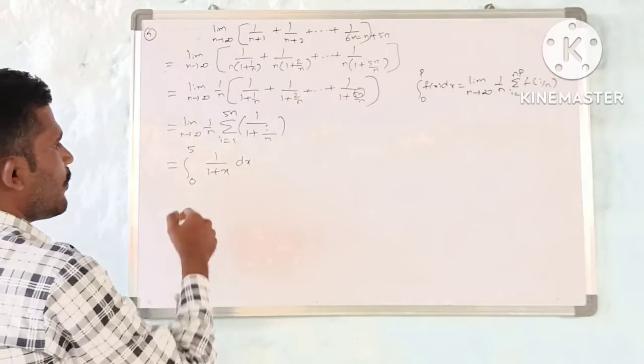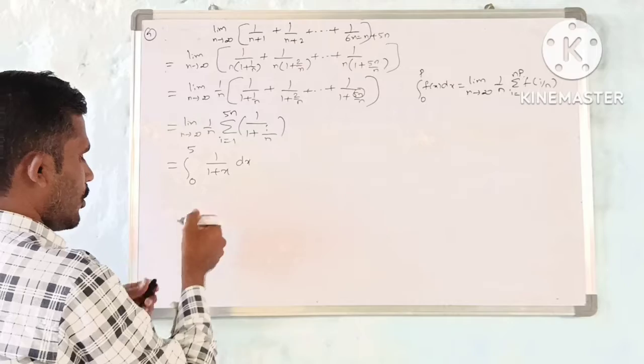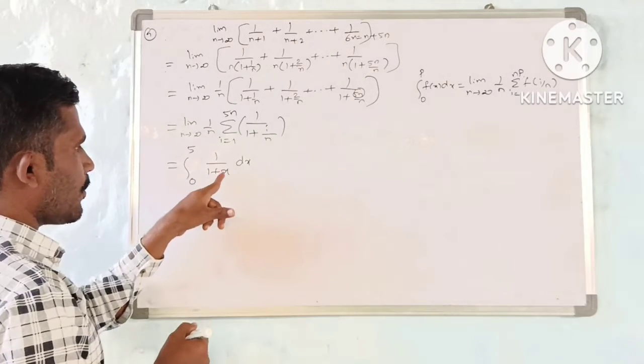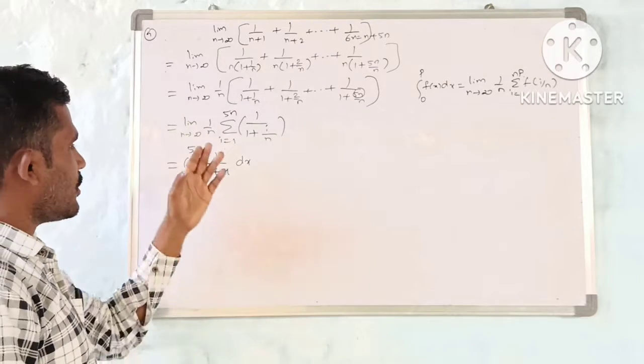Then 1 by 1 plus x integration, we don't directly have. We have 1 by 1 plus x square integration, but for this we don't have it.